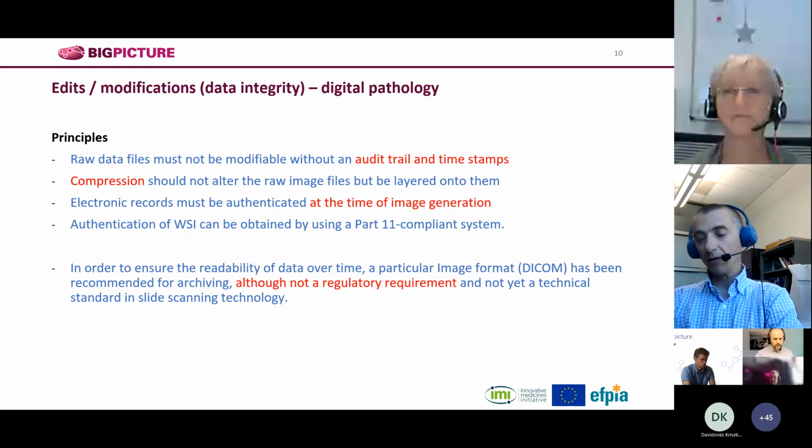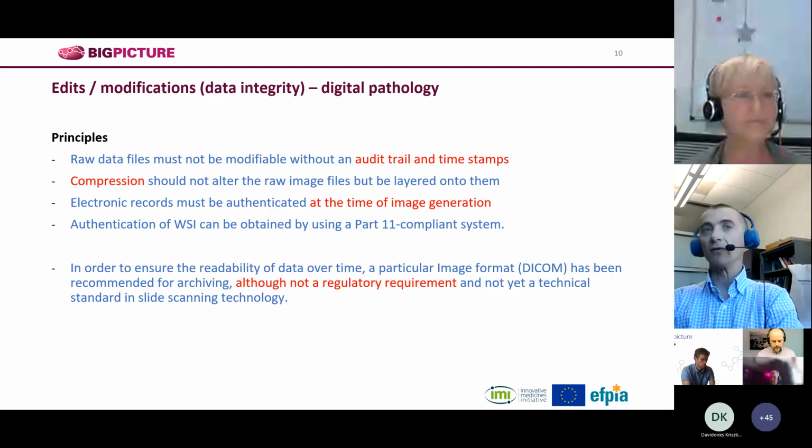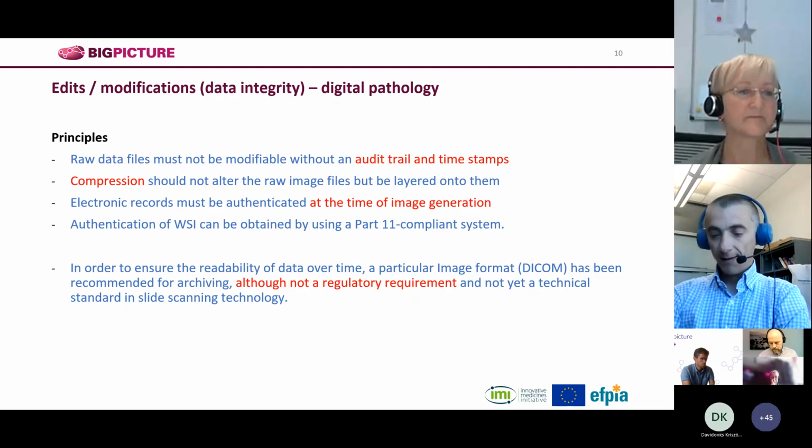So in particular, the raw data need to be preserved for integrity, and they can only be modified if there is an audit trail, which is a record that somebody has modified the raw data at a certain moment in time, and also timestamps to know exactly when the raw data has been recorded, because it has to be recorded in a timely manner. You do not record the raw data 2 days after the facts.